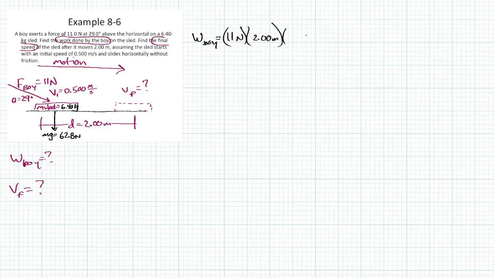That should be 29 degrees, not 92, I'm dyslexic this morning. That's 11 newtons times 2 meters times cosine 29. That gives us 19.2 joules of work that the boy does.